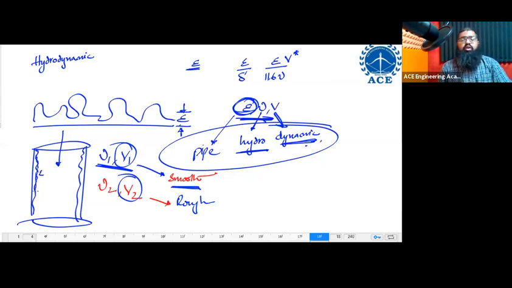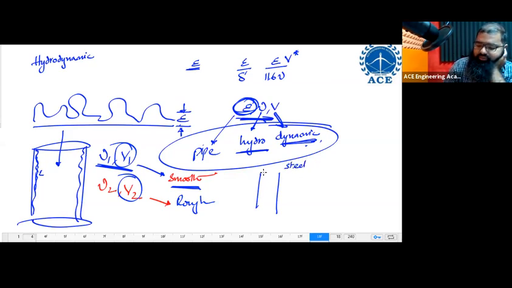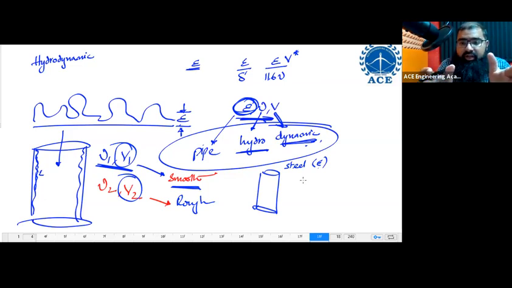So therefore, what they do is they manufacture one more pipe. Imagine, listen to this carefully, you have a factory. In this factory, you're manufacturing pipes made out of steel. Now, surface roughness is going to be the property of the material you're using and the manufacturing process you're using.